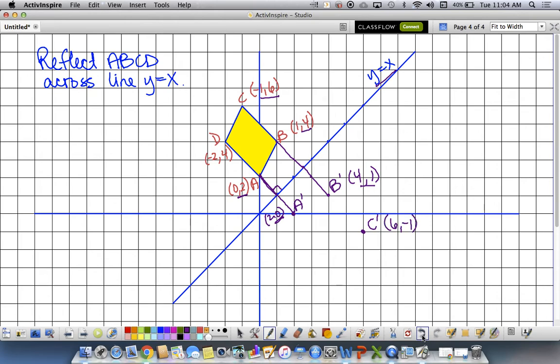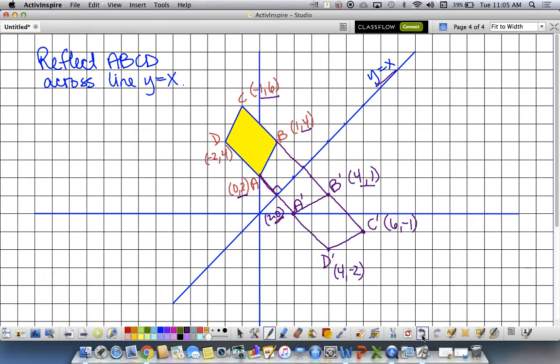Well, does it appear to come straight? Should they lie on the same line, ultimately? Yes, they should. And I promise they do. D is negative 2, 4. So could I go 4, negative 2 to be D prime? The x and the y simply switch values.